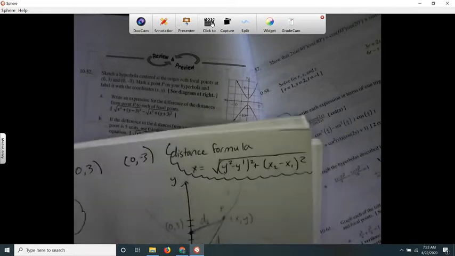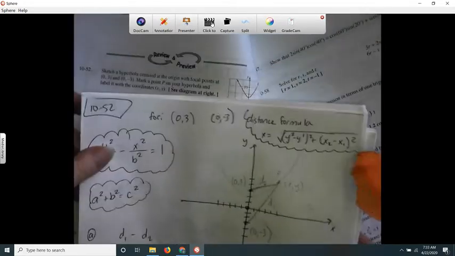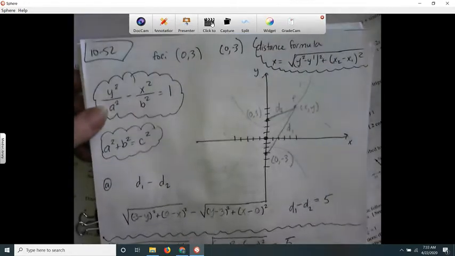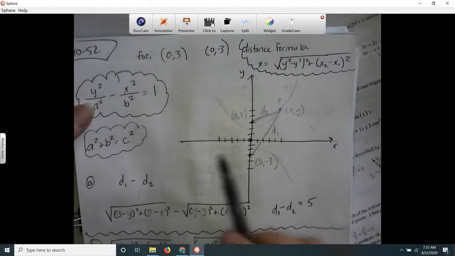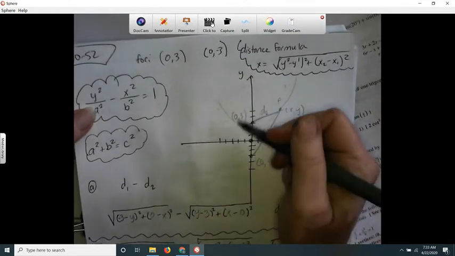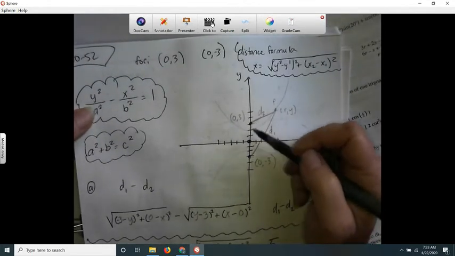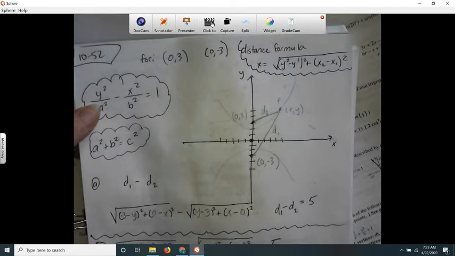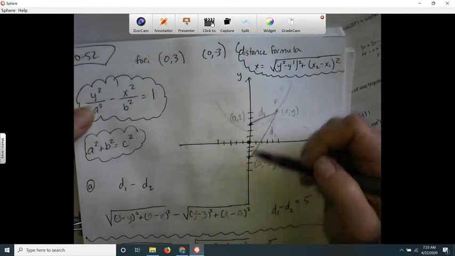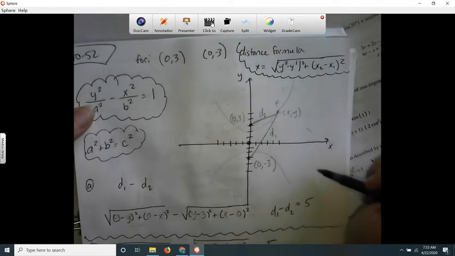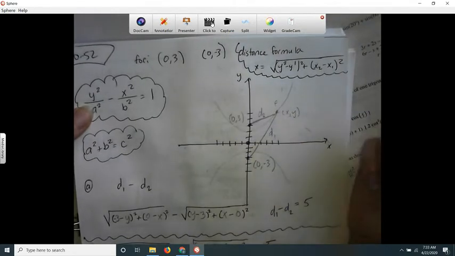Since you have focal points, you can at least draw an XY graph, and they gave you a center and two focal points. Even though you don't know how big to draw the box with the asymptotes, you can just sketch, because it does say sketch.